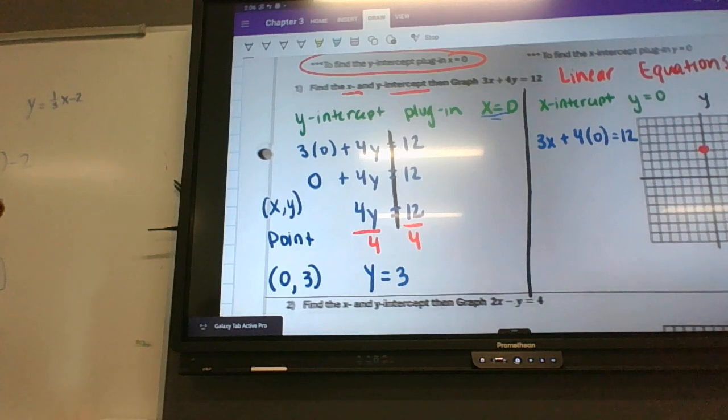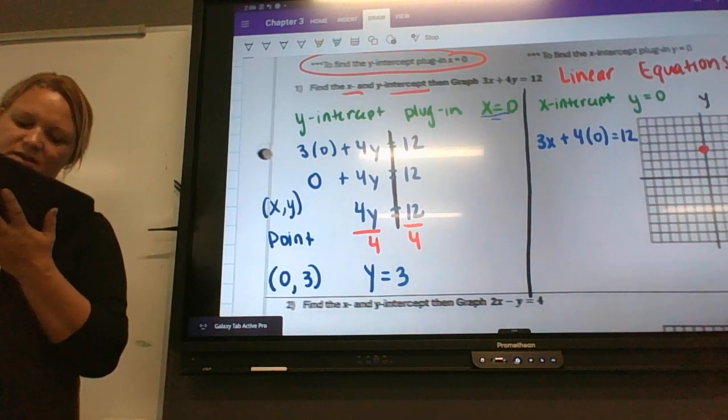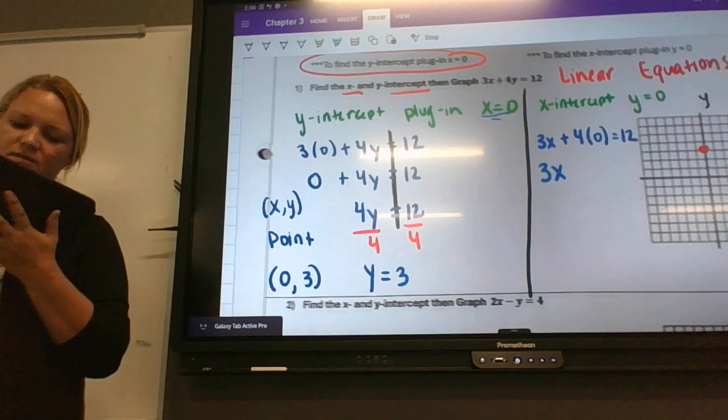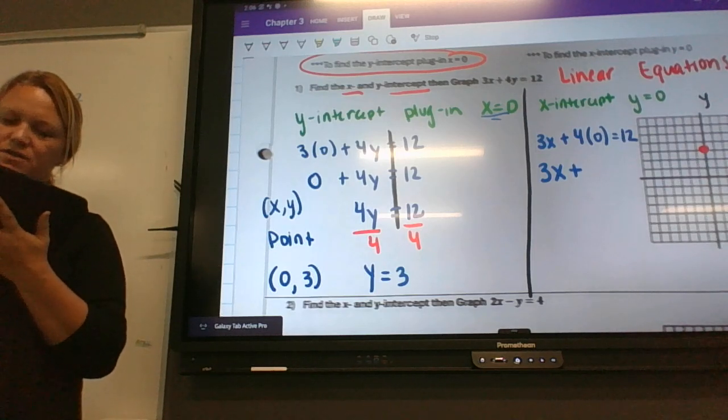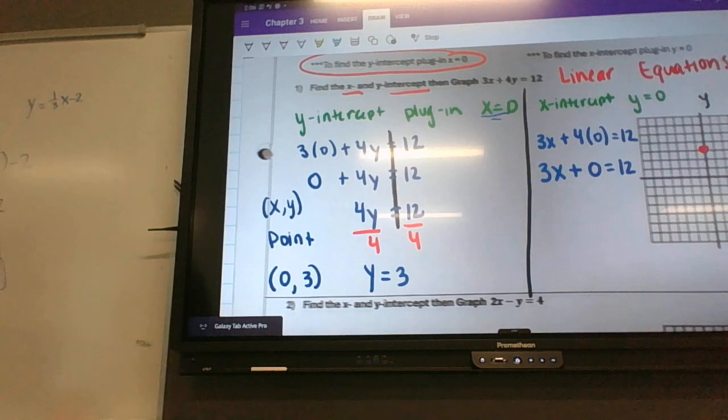Okay, James, you're ready? What'd you do first, James? Good. And we don't need 0. 3x plus 0 is just 3x. So this is 3x equals 12. Put a line in here. And then what'd you do?